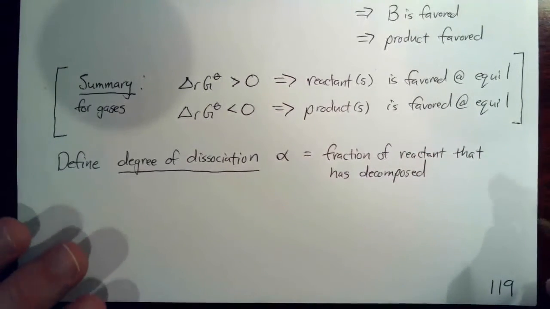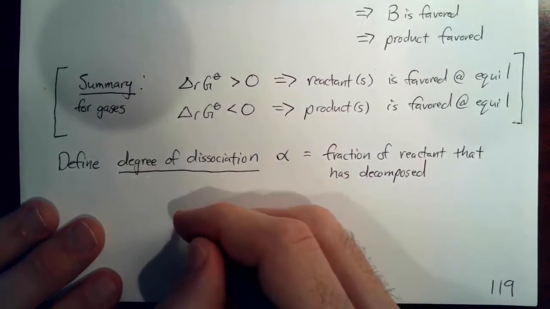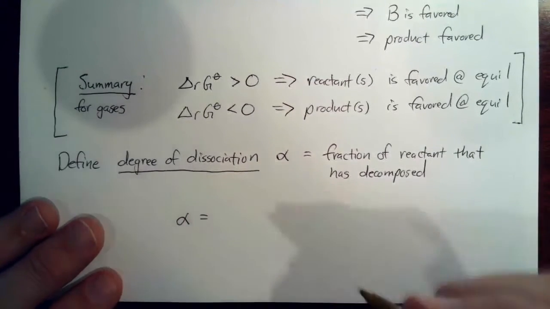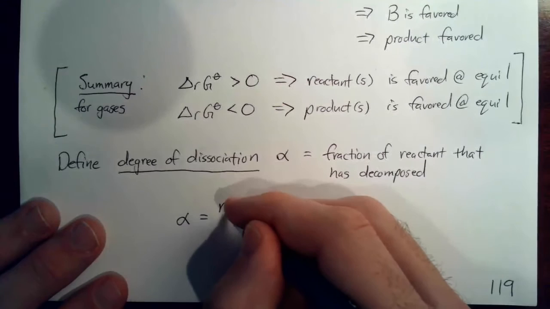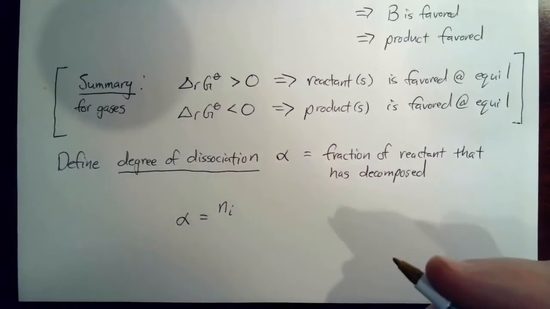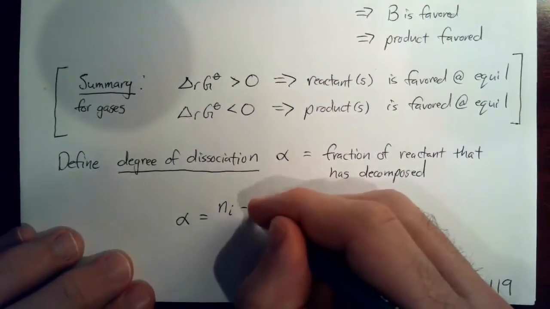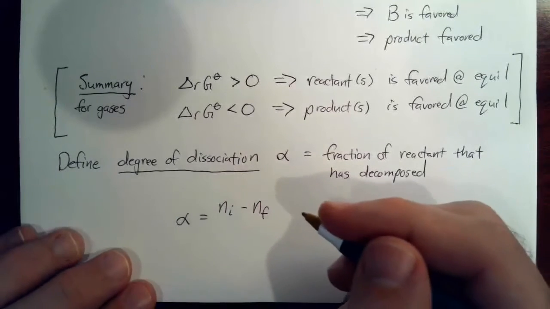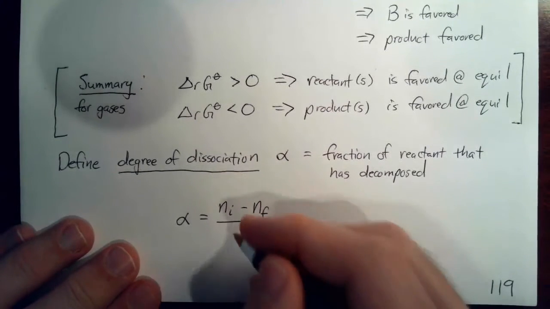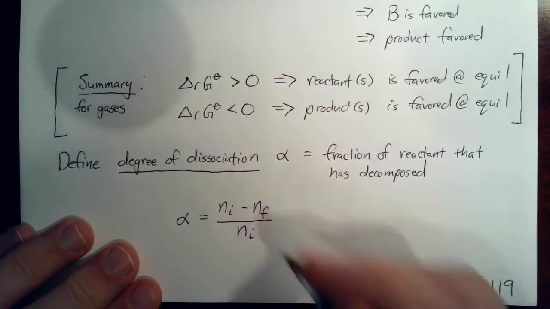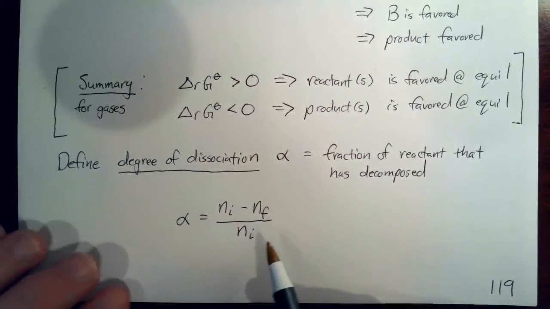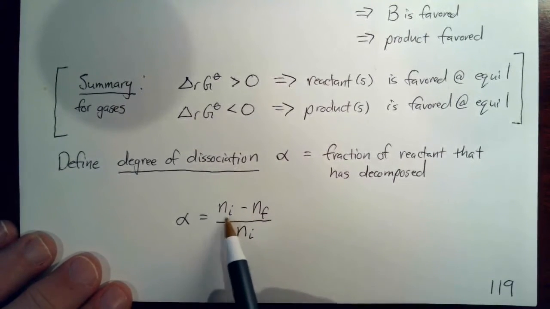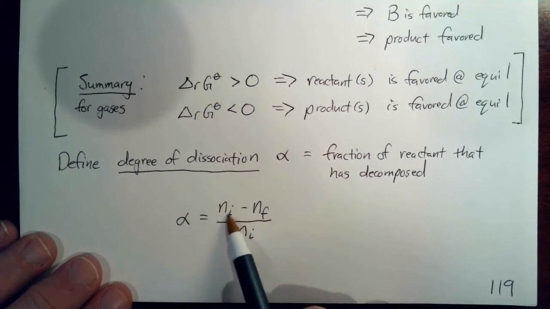All right, so in symbolic terms, alpha would be the initial amount minus the final amount divided by the initial amount. So the fraction that has decomposed. The initial amount is going to be larger than the final amount since this is decomposing. The number of moles is decreasing, so this is going to be a positive number.